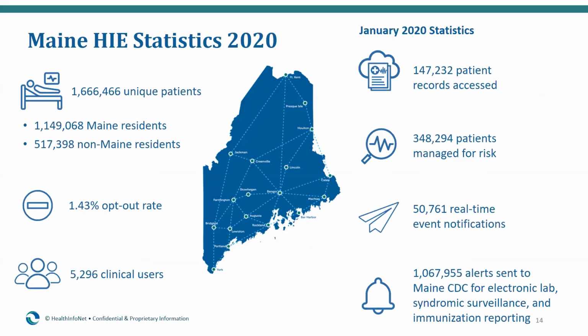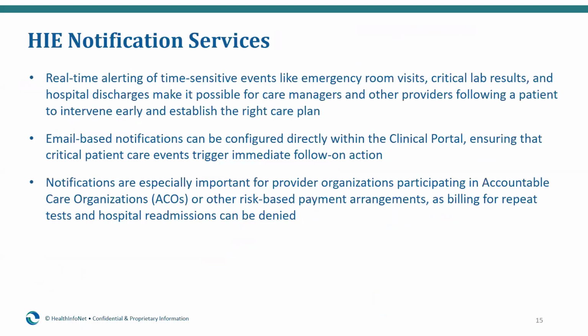We do have Maine CDC alerts for syndromic surveillance and immunization reporting. And one thing to note too is our 1.43 opt-out rate. So we do have a very low opt-out rate, which means that there is a lot of data for users to view in the clinical portal.